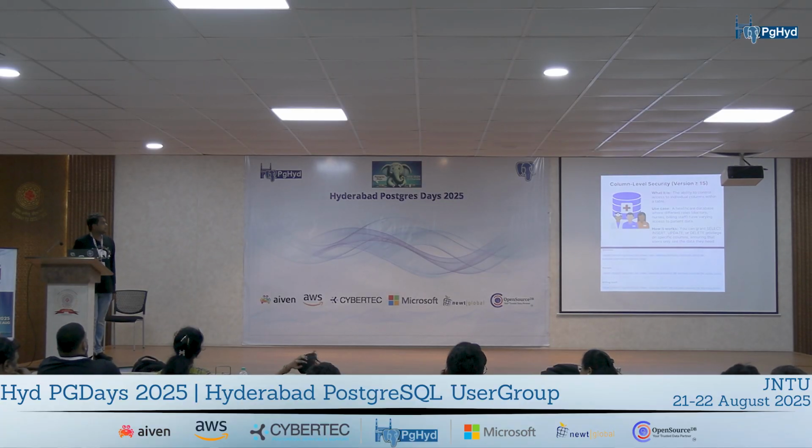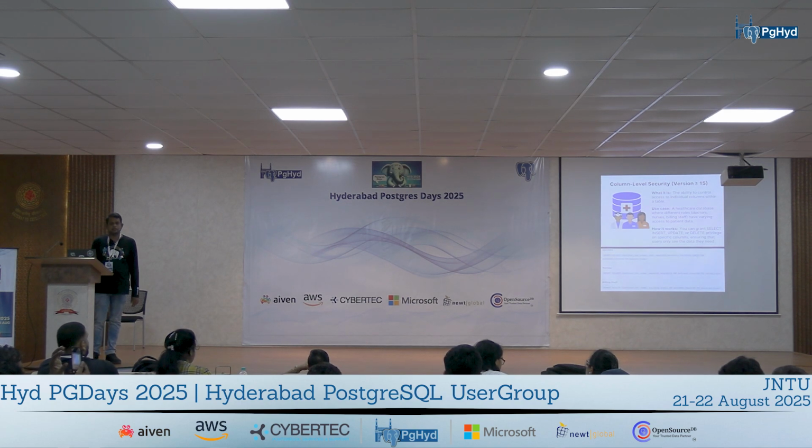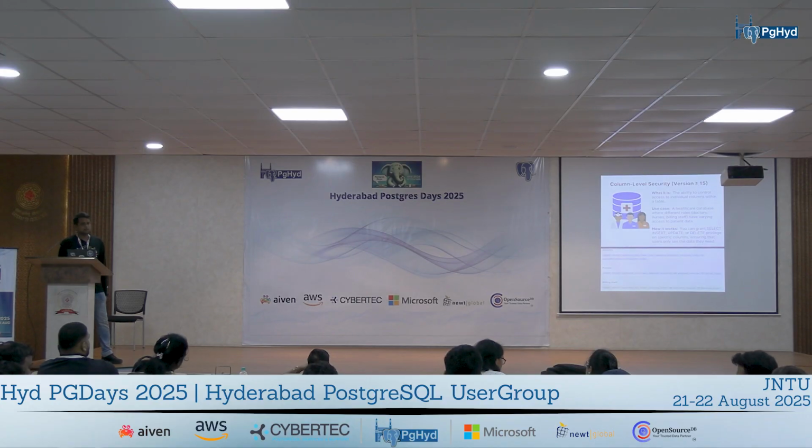Coming to column level security, this feature was introduced in version 15. Using column level security, you can grant users access to particular columns of a database table. I have presented a use case here: suppose you have a medical care facility with doctors, nurses and billing staff.